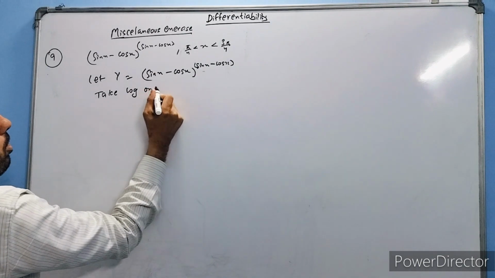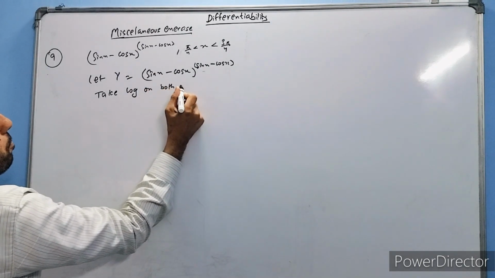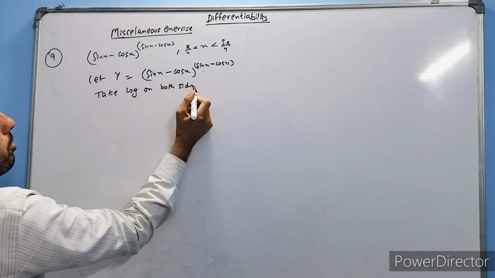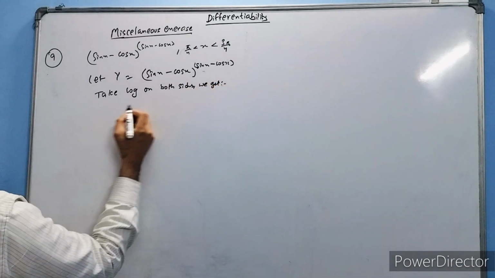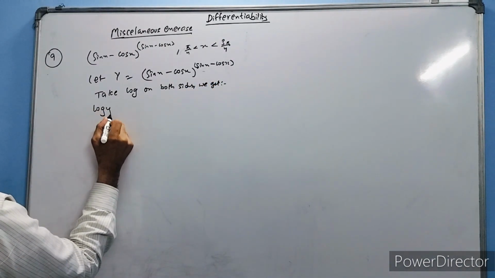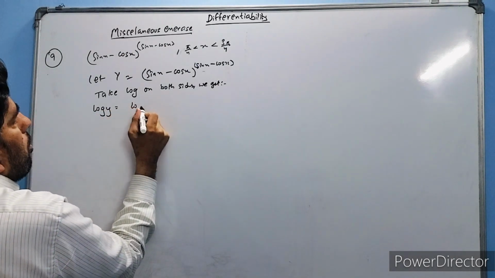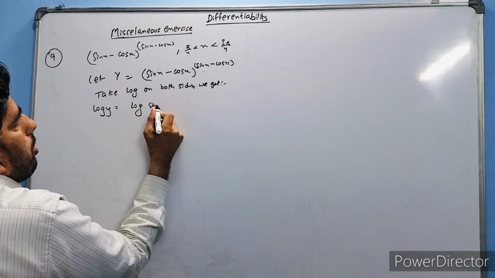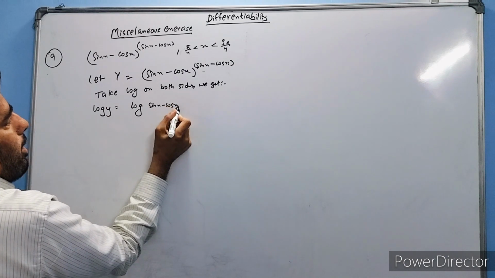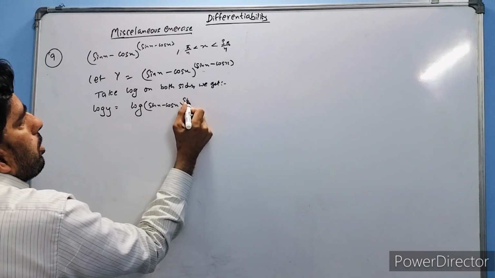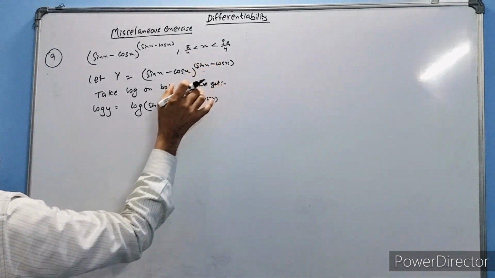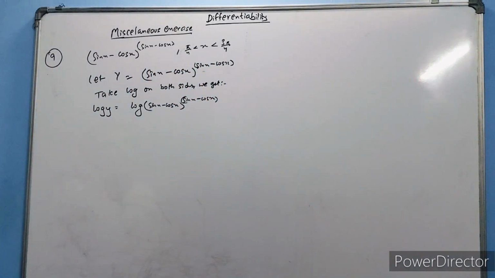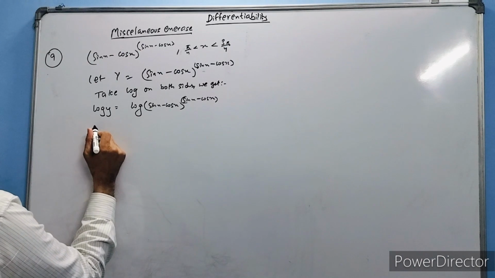So we get log of y is equal to (sin x minus cos x) times log of (sin x minus cos x). This is given in the power form.